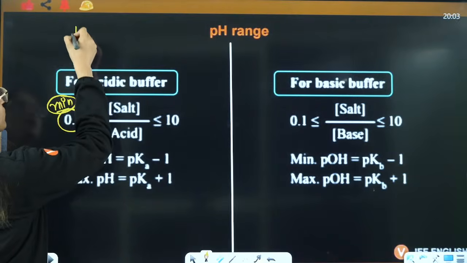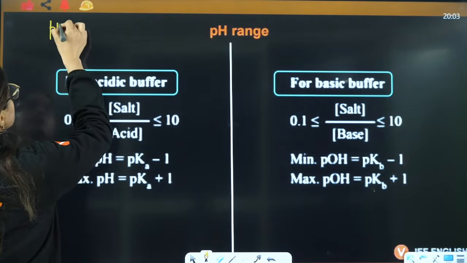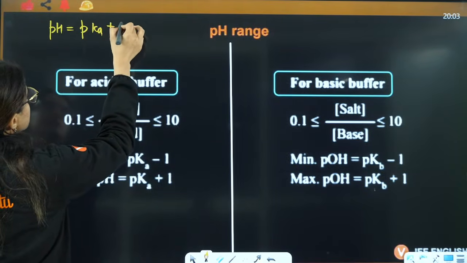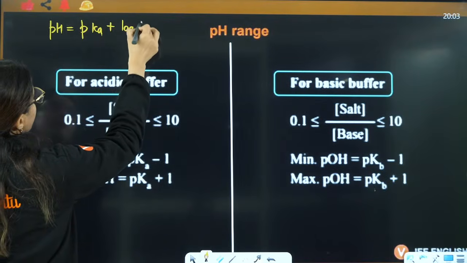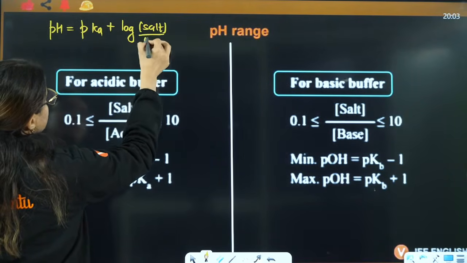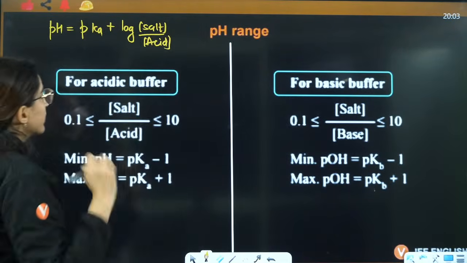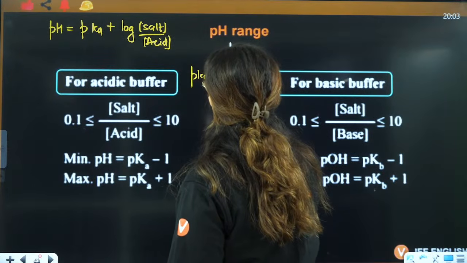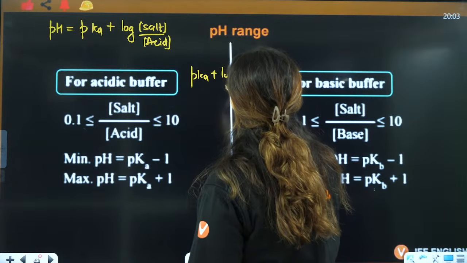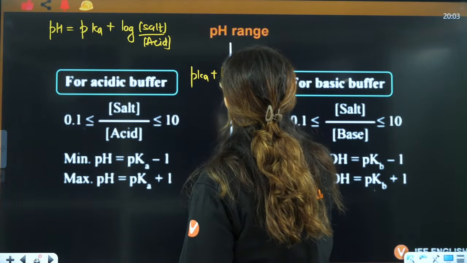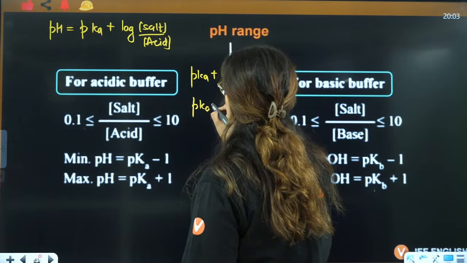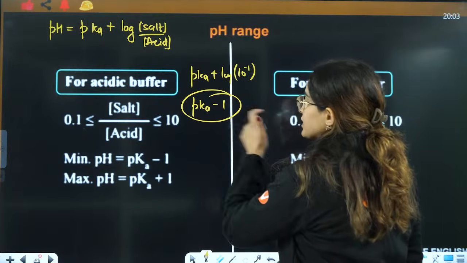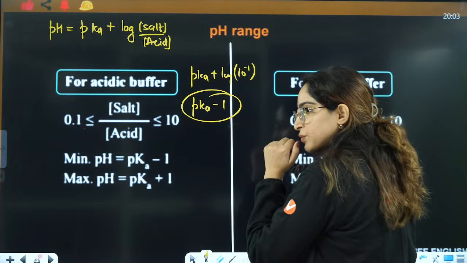If I put it in the formula, pH is equal to pKa plus log of salt by acid. If I put salt by acid as 0.1, this will become pKa plus log of 0.1. 0.1 means 10 raised to power minus 1. The minus will come to this side, log of 10 is 1. So this will become pKa minus 1, isn't it? That is the minimum value, right?